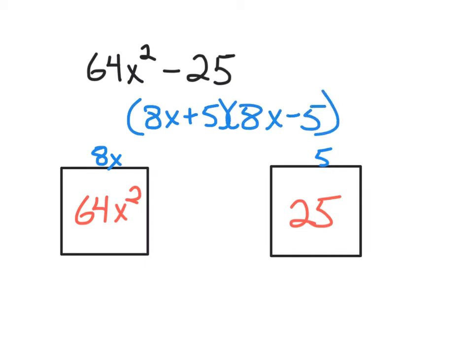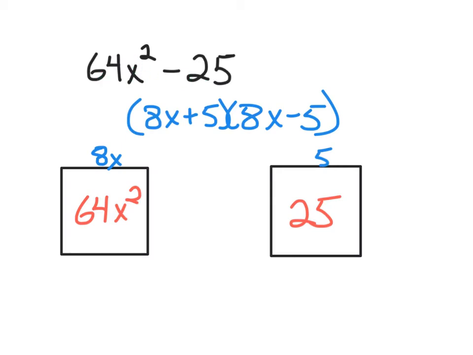So in other words, 8x plus 5 is one of the factors of 64x squared minus 25, and 8x minus 5 is the other factor of 64x squared minus 25.